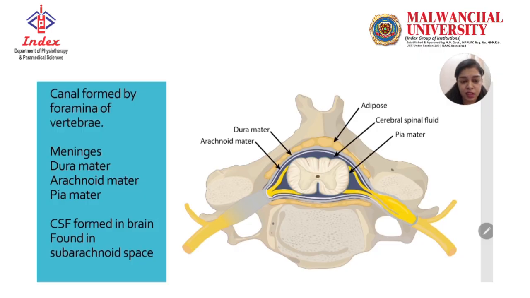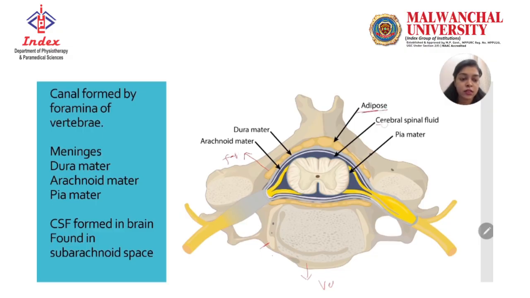If we talk about the protecting layers of the spinal cord, the first and most important is the vertebra, the protective covering of the spinal cord, and then some fat tissue, as you can see here.